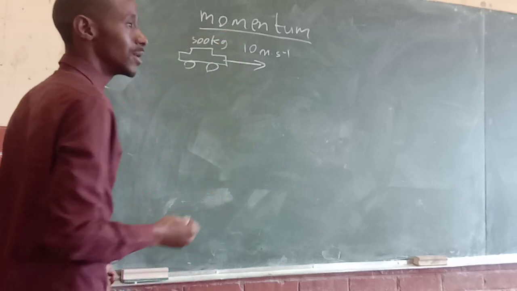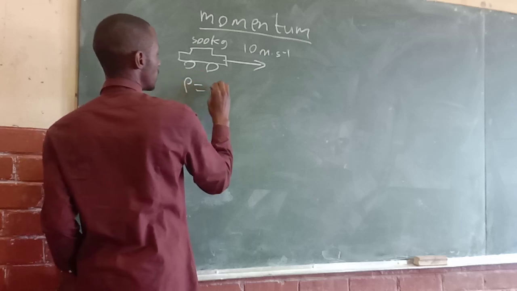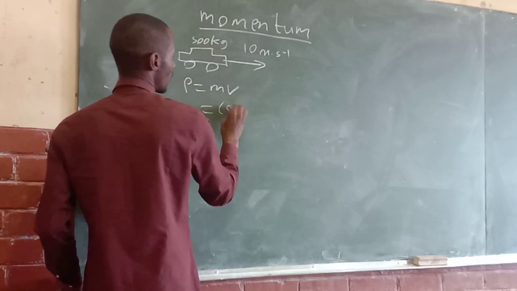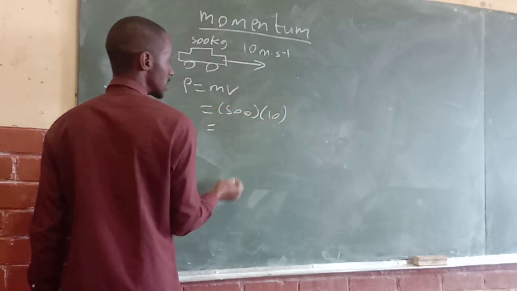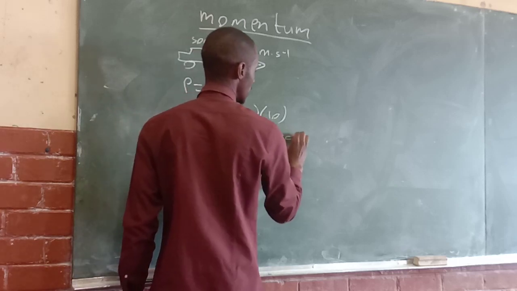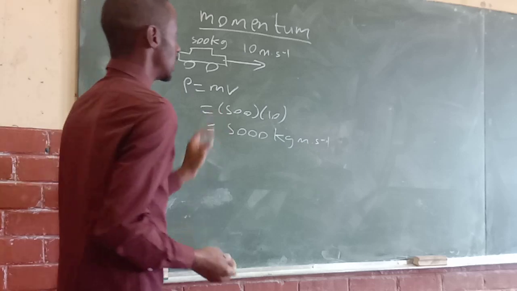Right? And they ask you, calculate the momentum of this vehicle. Simple, you write the formula P is equal to mv. You substitute your values of 500 times 10, you will get your answer as 5,000 kg meters per second. Right?